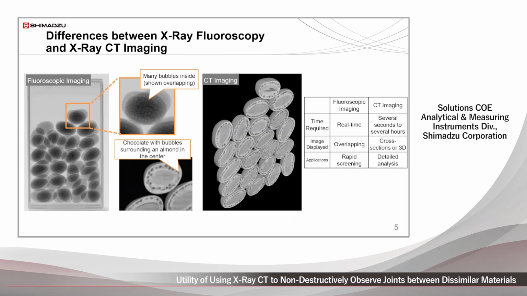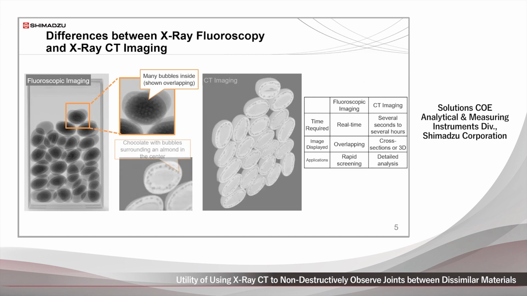It may be difficult to understand the differences between fluoroscopy and CT from the previous illustration alone. So now I will use some actual examples to explain the differences. These are examples of fluoroscopy and CT images of chocolate-covered almonds, commonly sold at convenience stores in Japan, still sealed inside the packaging.